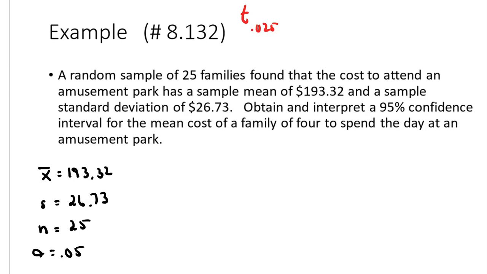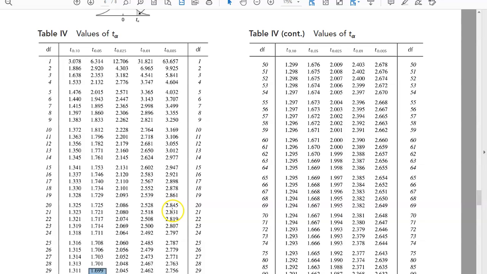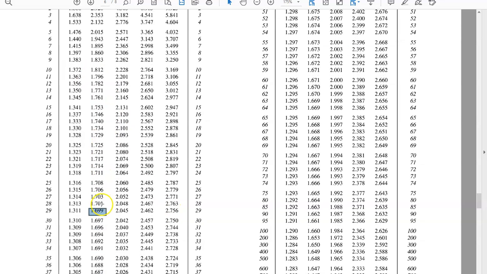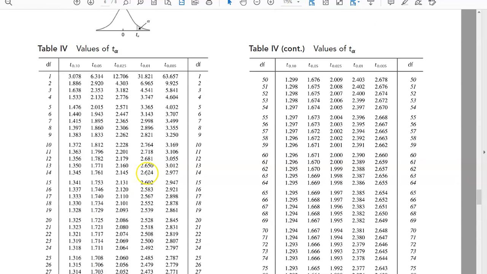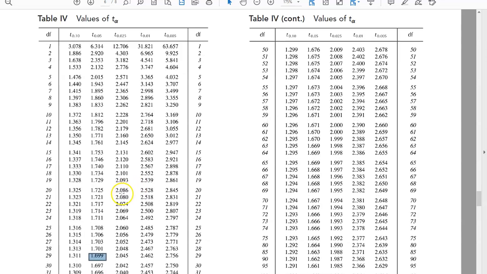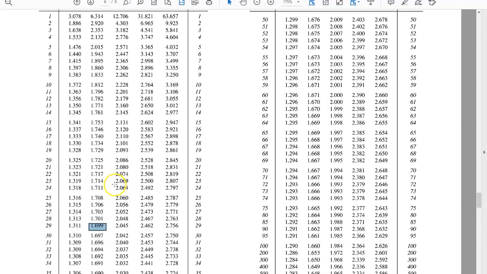So I want t alpha over 2 for 24 degrees of freedom. All right, so t of 0.025 for 24 degrees of freedom comes down here. 2.064.